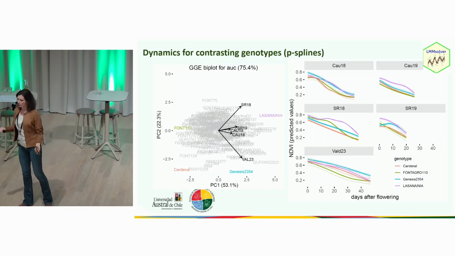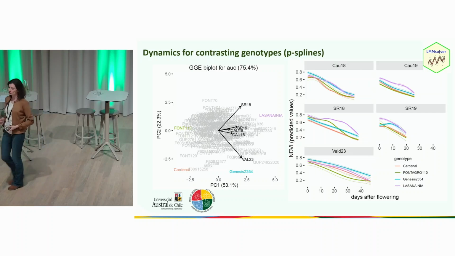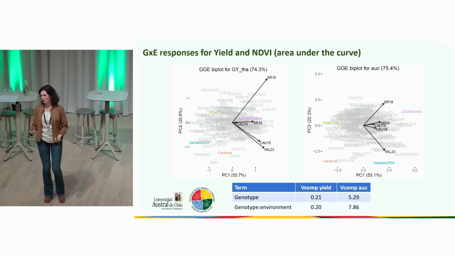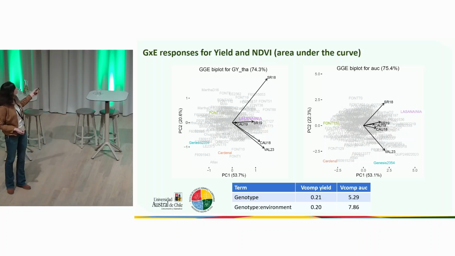But well, this is a lot of work, so we want to know if this is really related to yield. So one of the things we did is to look at the same thing, but for yield. And one of the things we were happy about is that the G by E responses somehow coincided, not 100%, but at least for the environments, the correlations were consistent for both traits.